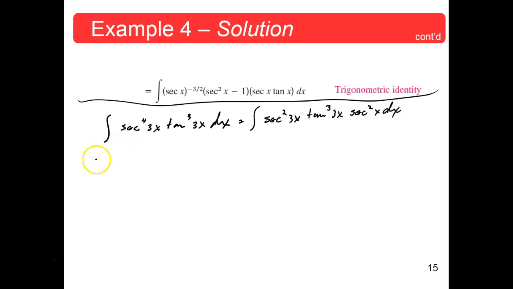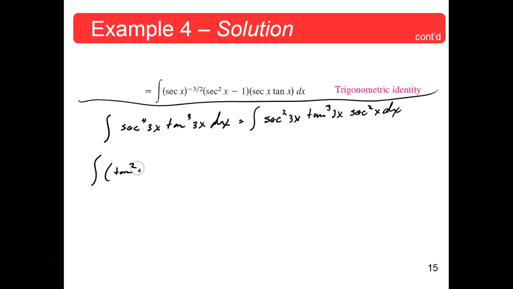There's a reason for that. We're trying to get everything in terms of tangent. That's why you pulled out a secant squared, because that's the derivative of tangent. So what is secant squared in terms of tangent? Tangent squared plus 1.